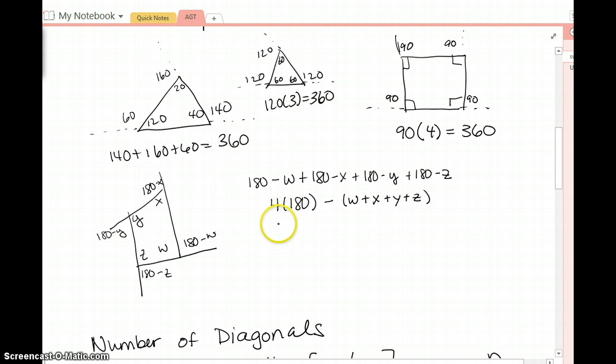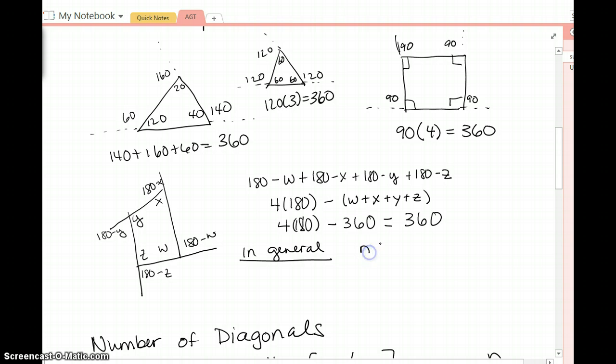So that gives me 4 times 180, and I know that since this figure is a quadrilateral, the sum of the interior angles, which is W plus X plus Y plus Z, is 360, so that's going to end up equaling 360.